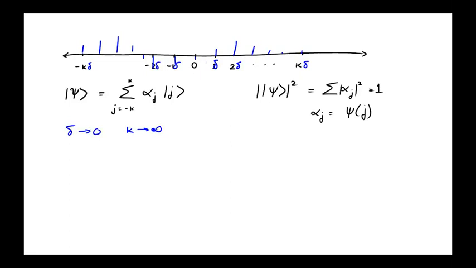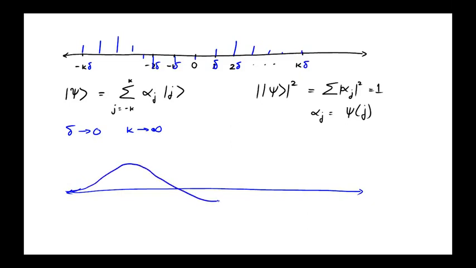Okay, so now the picture that we get is this. So we have our infinite line, and now our superposition, instead of being confined to these discrete points which are delta apart, is now just a function from the real line to the complex numbers. So we just have some function which goes like that.